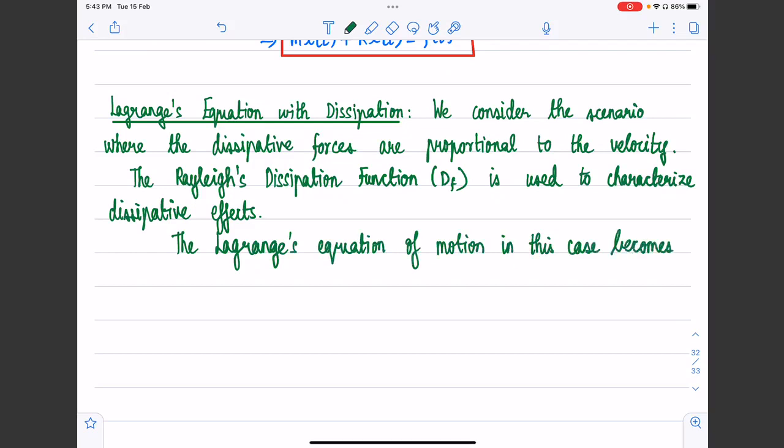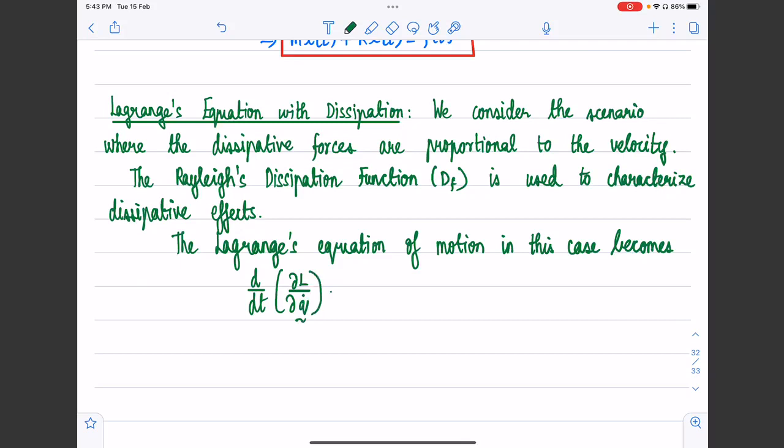It becomes d by dt of del L del q dot. The first term remains the same.